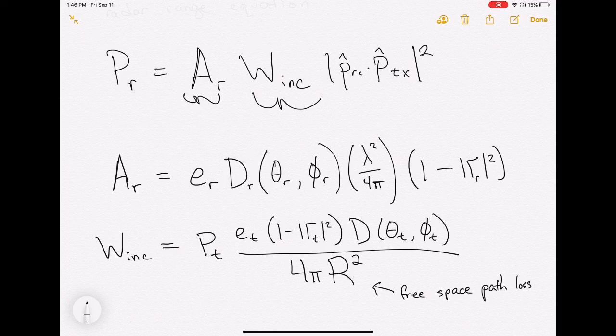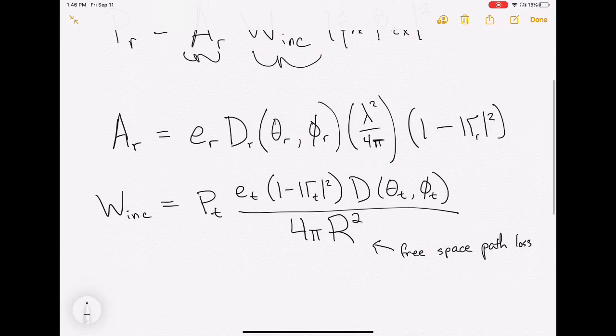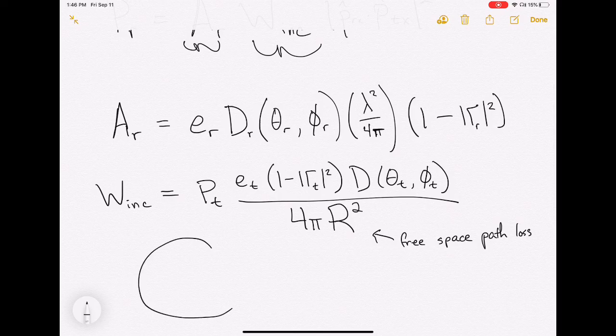You might recognize 4 pi r squared as the surface area of a sphere of radius r.